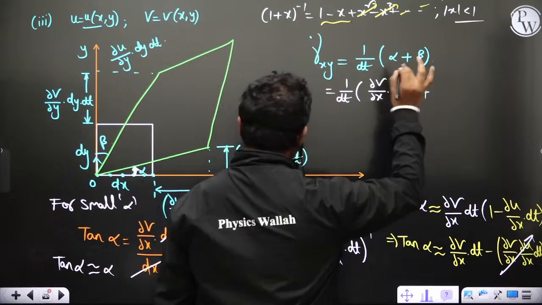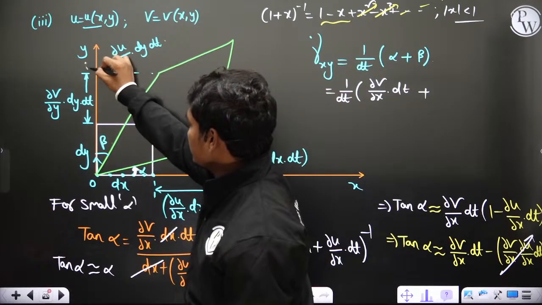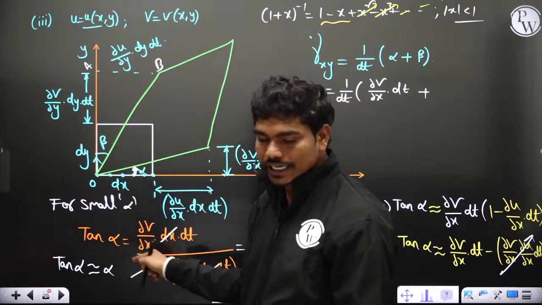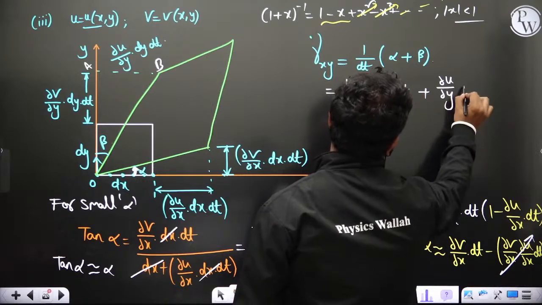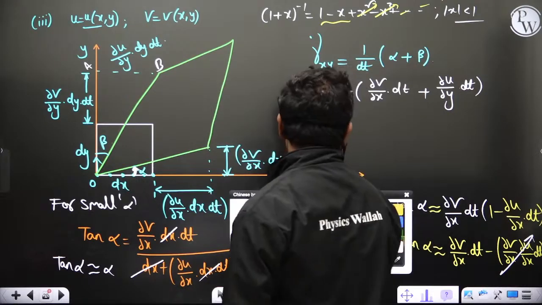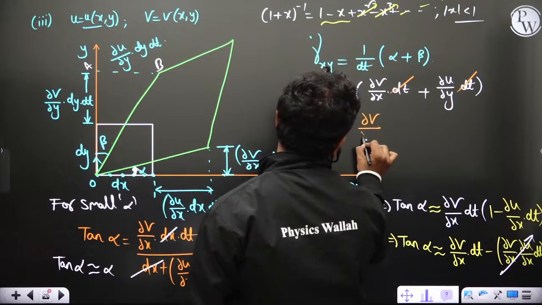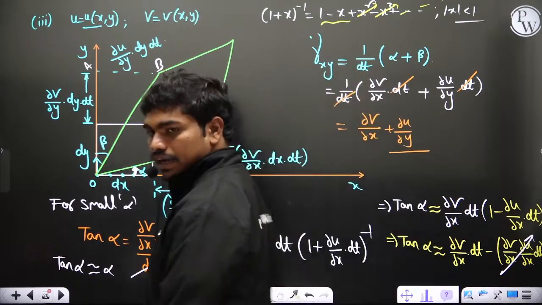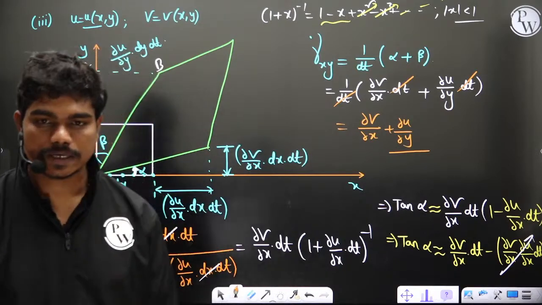Plus similarly, if you do for beta using this triangle, for example OAB, if you do the same analysis using Taylor series first expression and all, I will give you as a homework, you can get it as du by dy dt, and clearly this dt gets cancelled all over and you have dou v by dou x plus dou u by dou y actually here. Okay, that's how you calculate the shear strain rate in this fluid element.